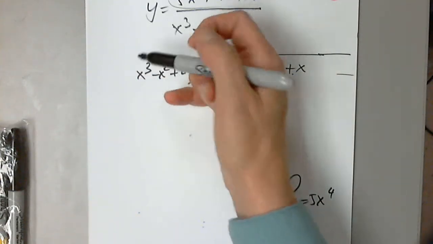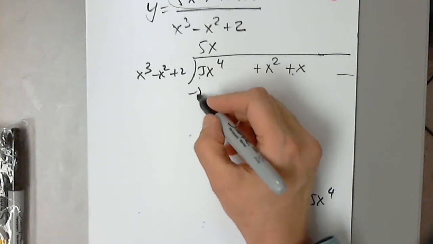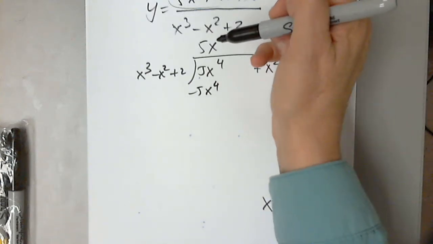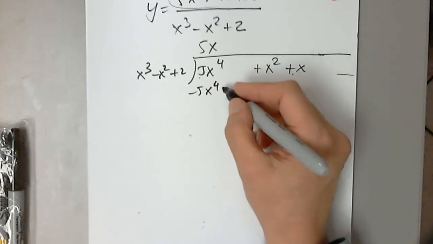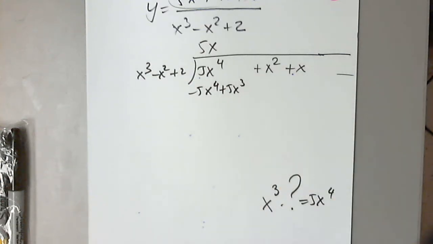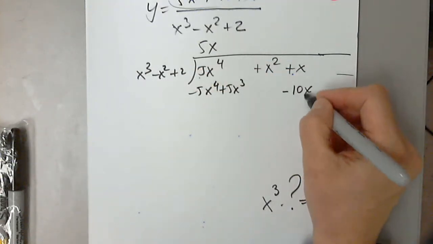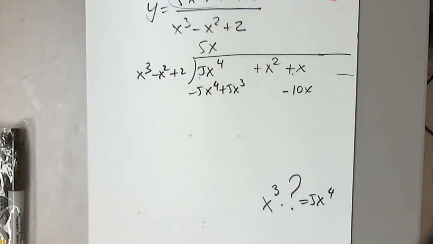5x times x to the third is 5x to the fourth, but I have to subtract. 5x times negative x squared is negative 5x cubed, but I have to subtract, and I needed that space. I need this space because I couldn't put 5x cubed under anything else. I have to put it under the term with x cubed that is missing. And finally, 5x times 2 is 10x, and I subtract, and I have to place it in the correct spot.